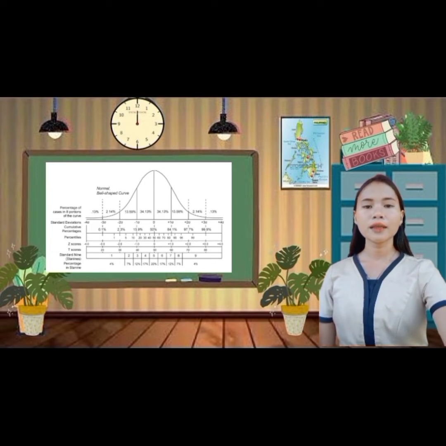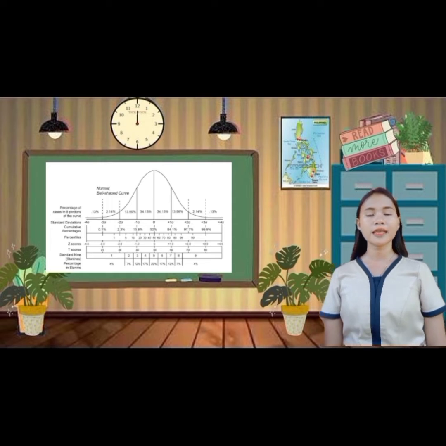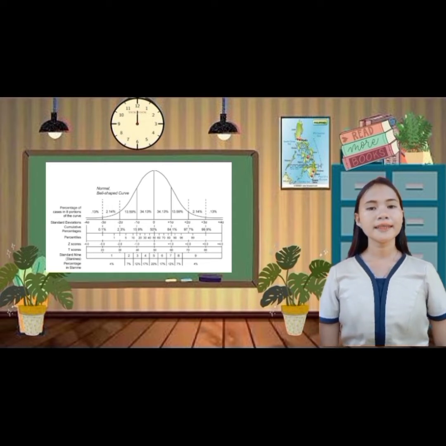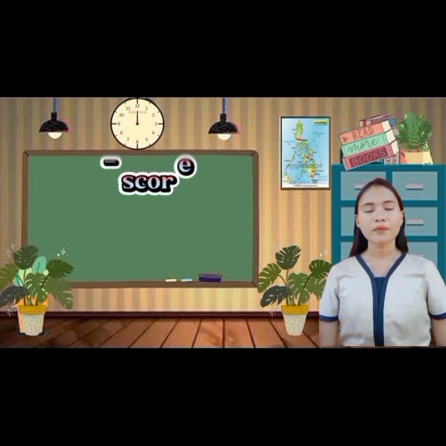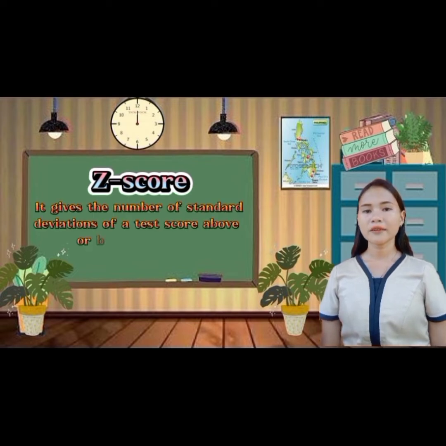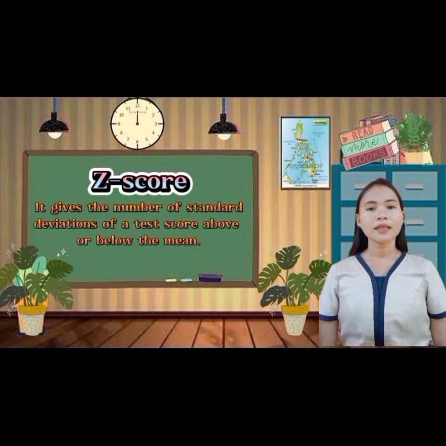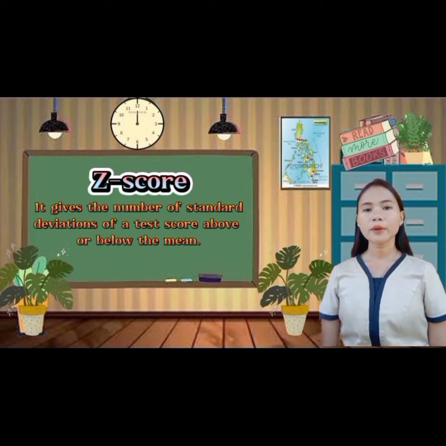Now we will discuss the different types of standard scores of relative standing. First is the z-score. A z-score gives the number of standard deviations of a score above or below the mean. Here we can see the formula of the z-score.